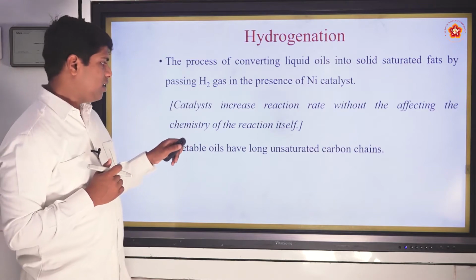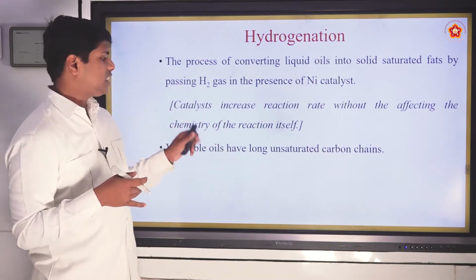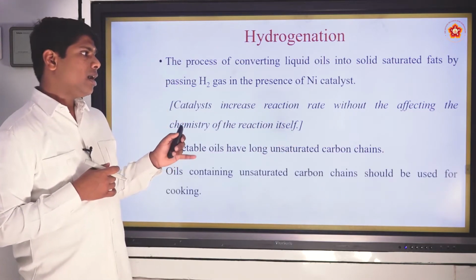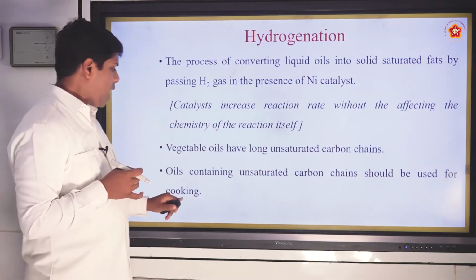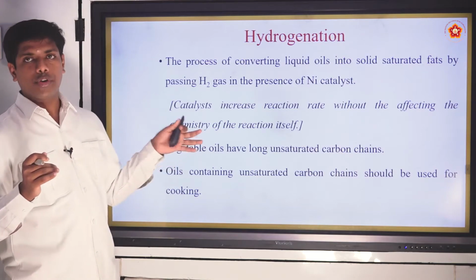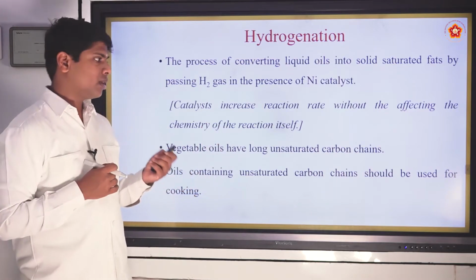Next, this is very important: vegetable oils and animal fat. Please remember, vegetable oils have long unsaturated carbon chains. Oil containing unsaturated carbon chains should be used for cooking. We always use unsaturated oils for cooking.